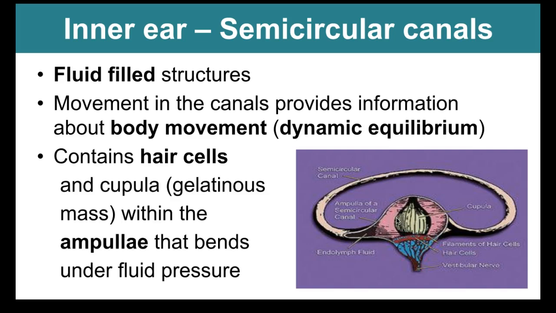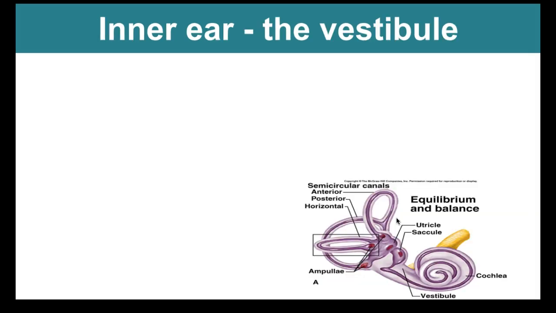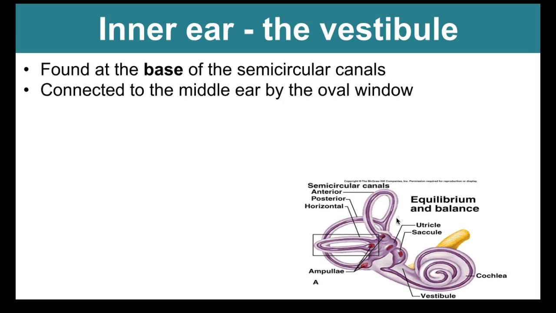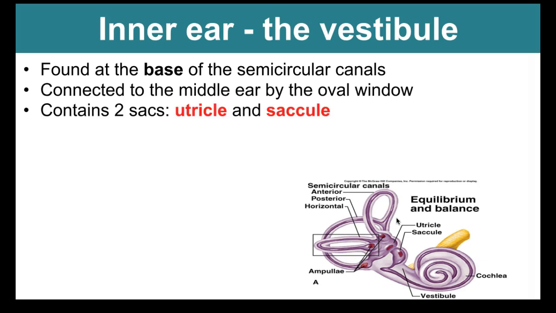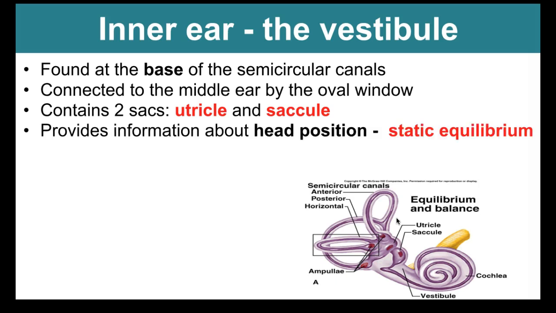We're going to learn this process when we go through equilibrium, which is going to be in a couple of videos. And then we have the base of the semicircular canals, where we have the vestibule, which is also connected to the oval window to the middle ear. We have 2 important things, the utricle and the saccule.